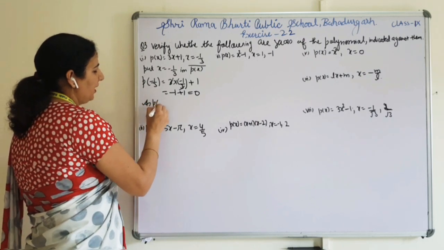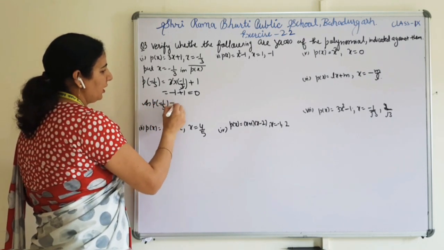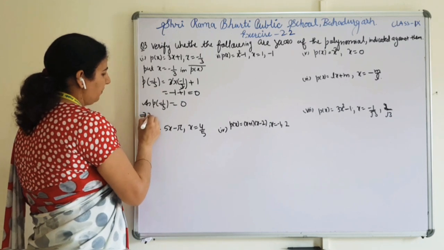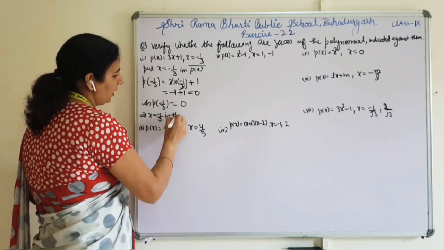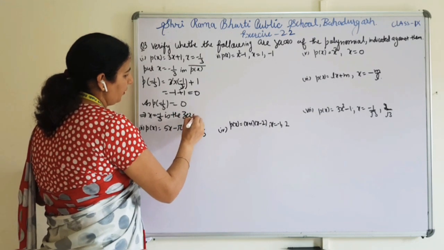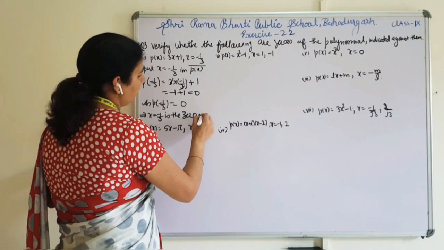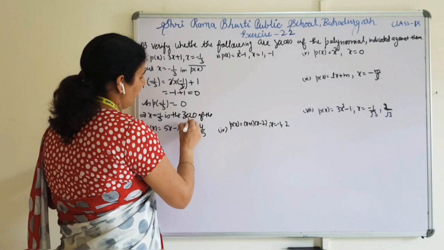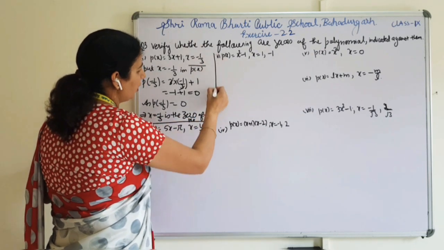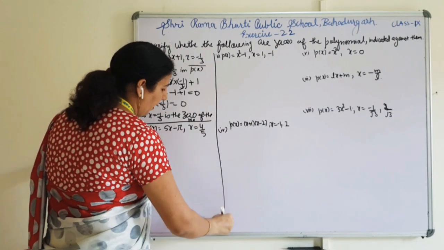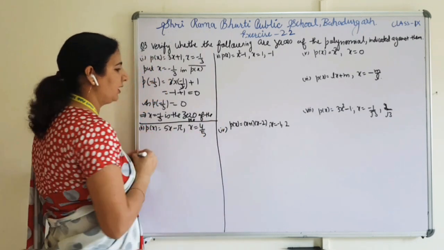As p(-1/3) is equal to 0, this implies x is equal to minus 1 upon 3 is the zero of the p(x). Fine. So this is all about part number 1, question number 3.